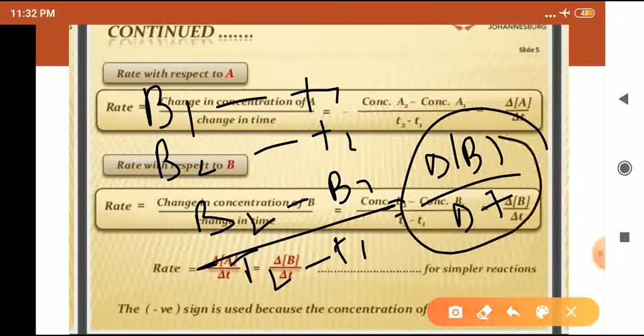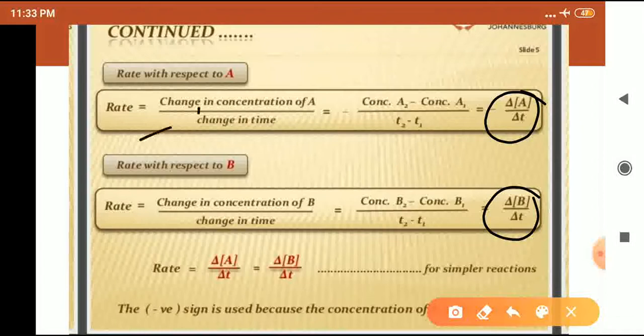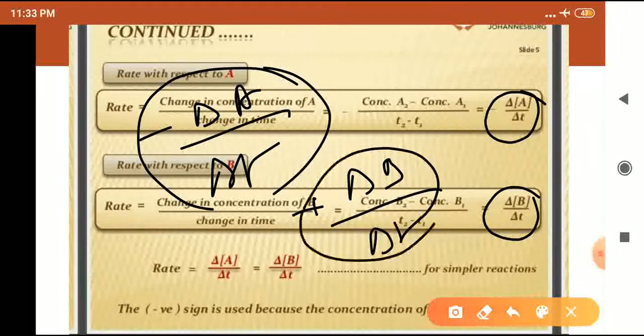These two equations, minus of change in concentration of A by change in time, and plus of change in concentration of B by change in time, are both known as average rate of the reaction.